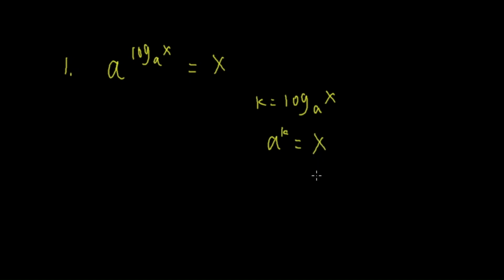Okay, so the first one here. a to the power of log x to the base a is equal to x. Now let's look at this here. I'm going to let k equal this here, log x to the base a. That means a to the power of k is equal to x here.